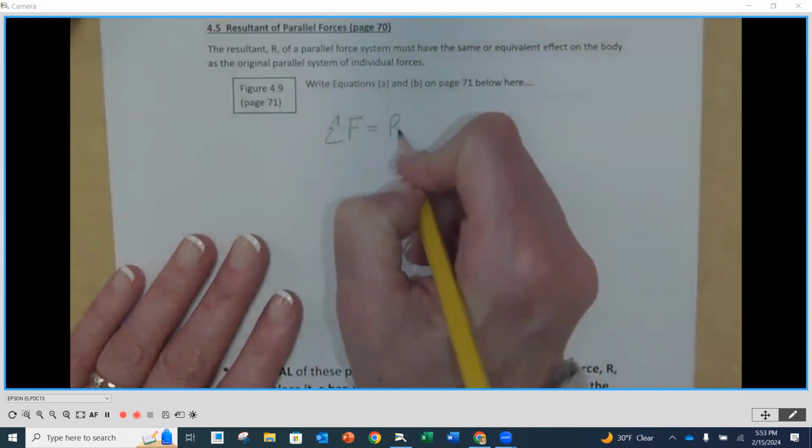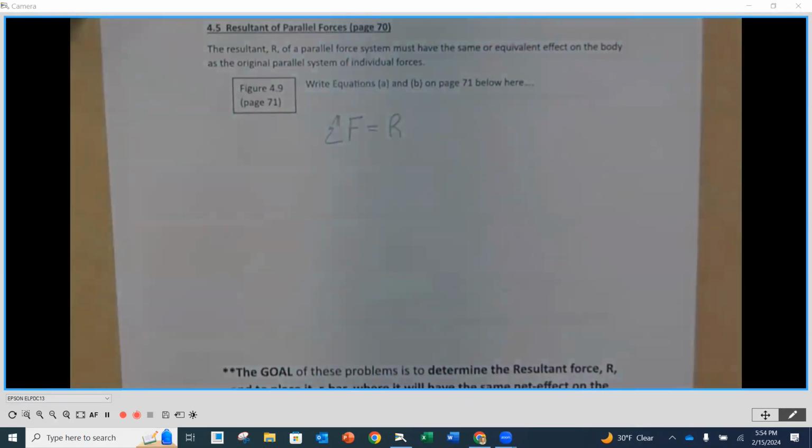That's equal to our resultant. We compare it to our convention: if they're all vertical, the up forces are positive, the down forces are negative, and the net effect equals our resultant.